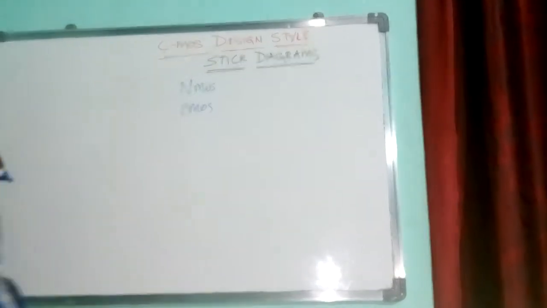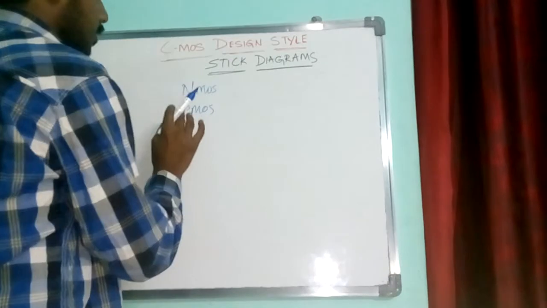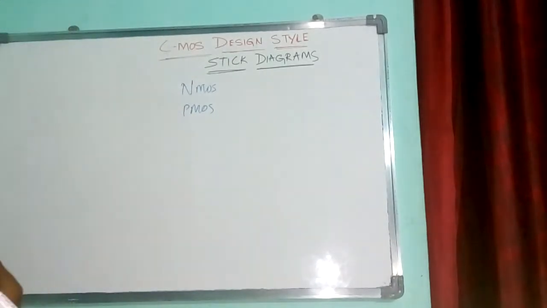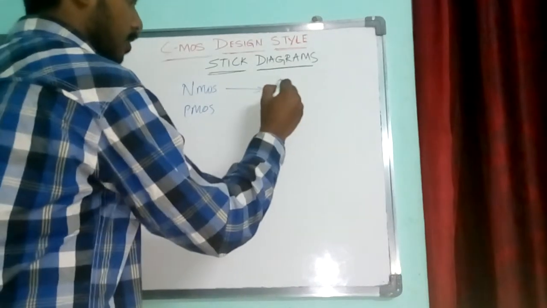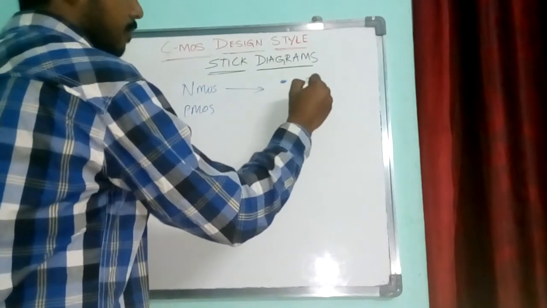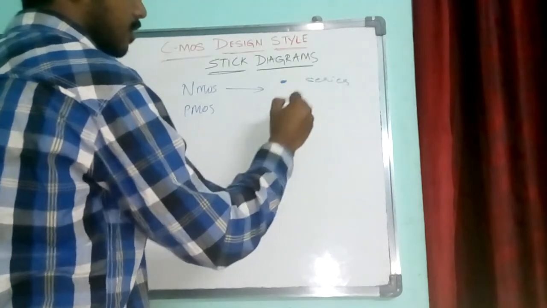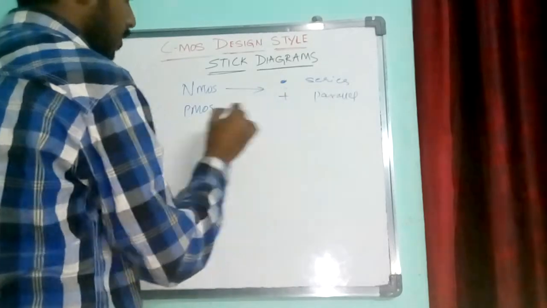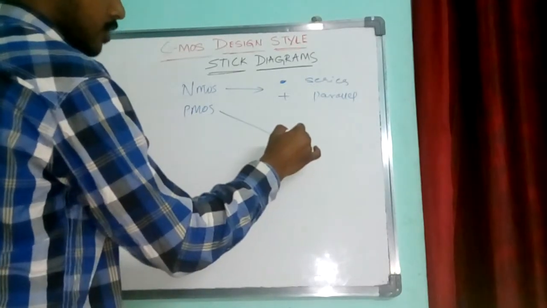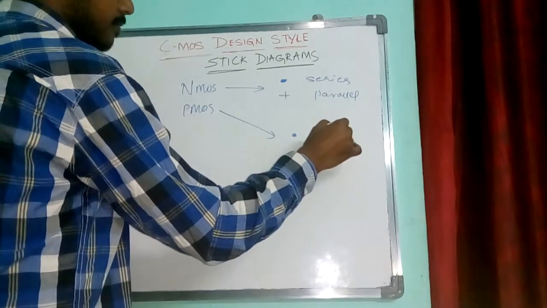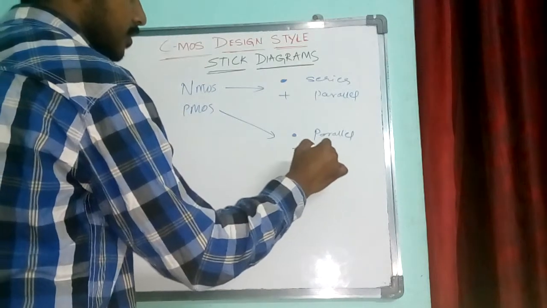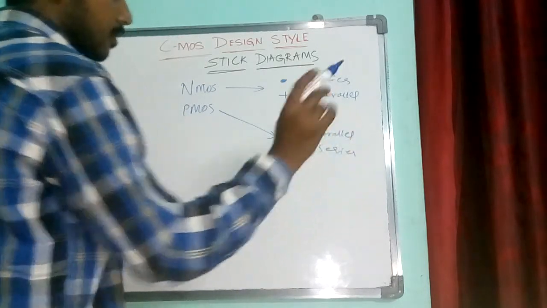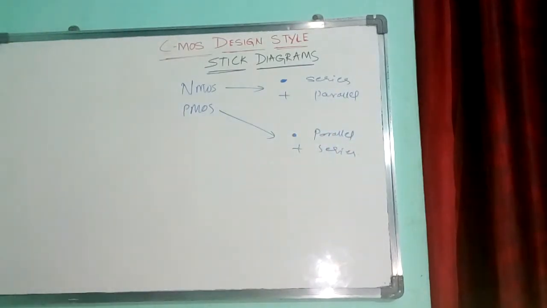There is a differentiation for NMOS and PMOS whenever we are drawing the circuit. For PMOS, dot means series and plus means parallel, whereas for NMOS dot means parallel and plus means series. Understand this, right?